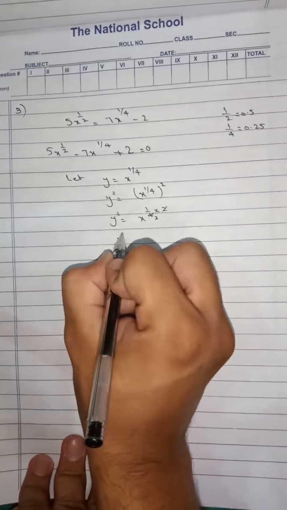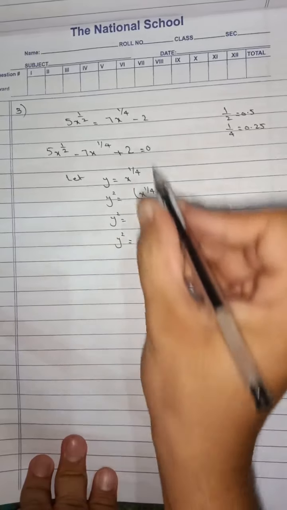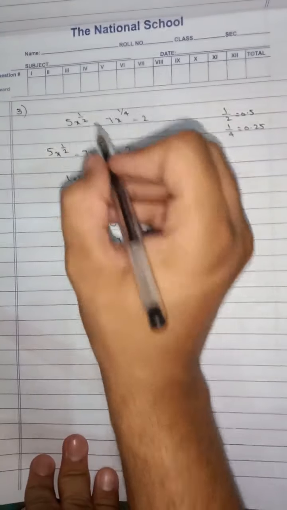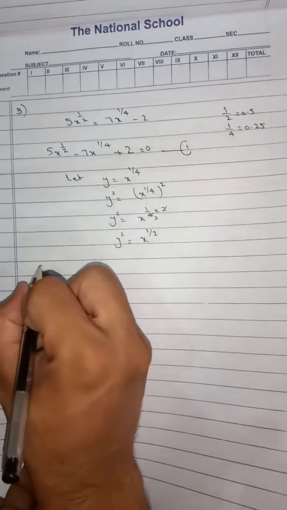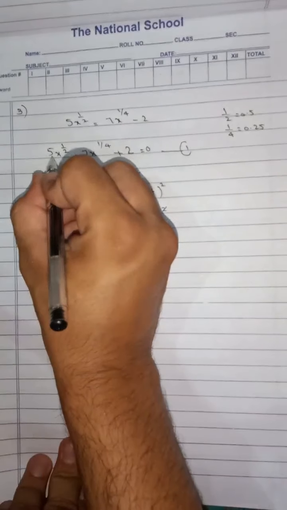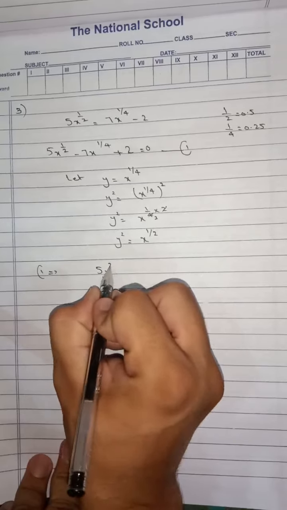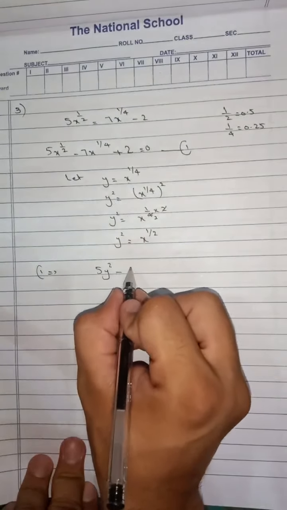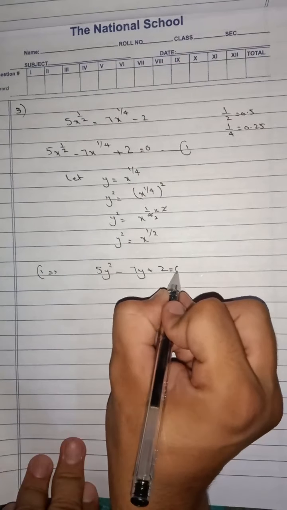So y² is equal to x^(1/2). Now in the given equation, x^(1/2) will be replaced by y²: 5x^(1/2) means 5y², minus 7x^(1/4), where x^(1/4) equals y, so minus 7y plus 2 is equal to 0.